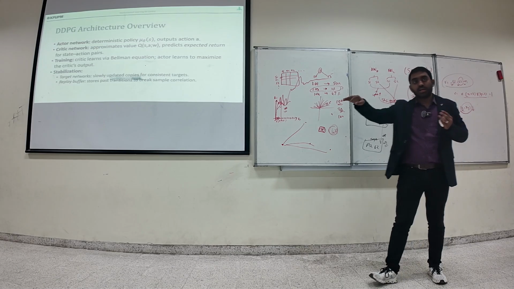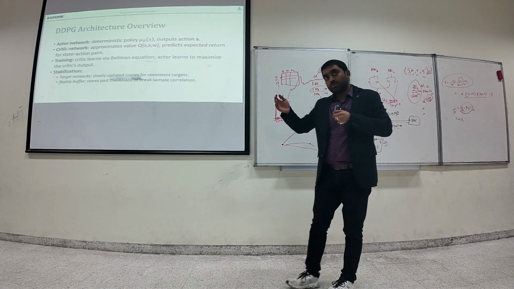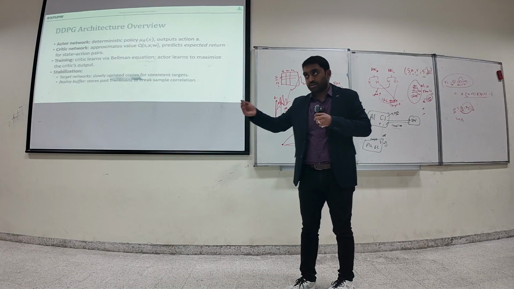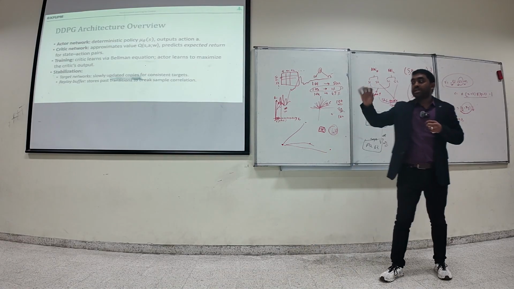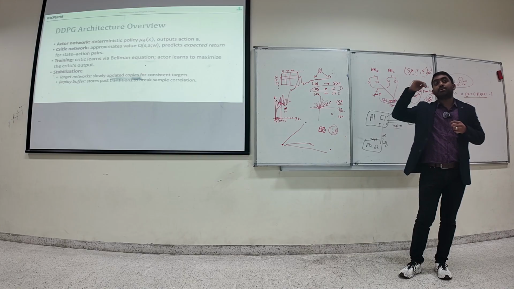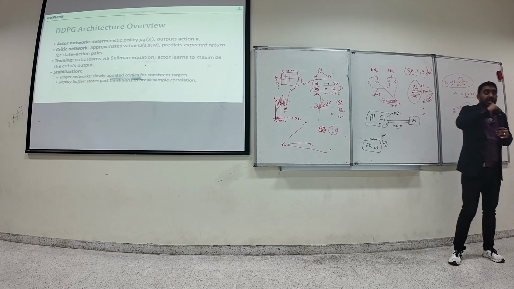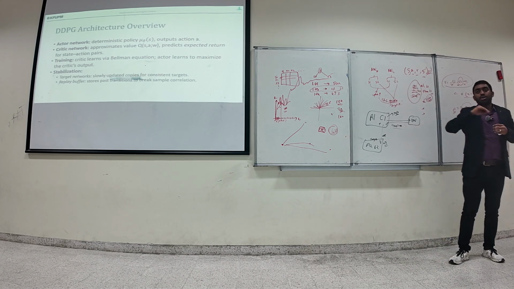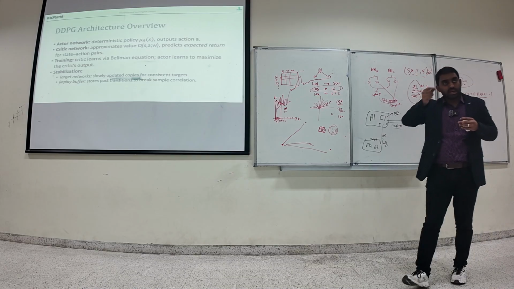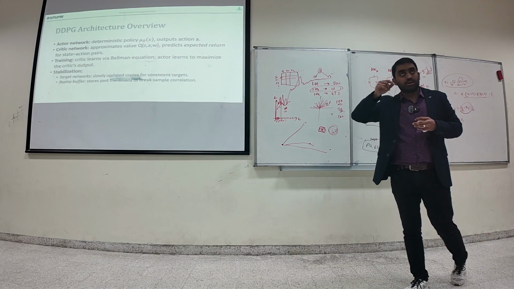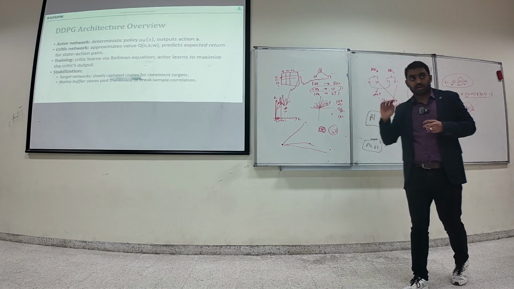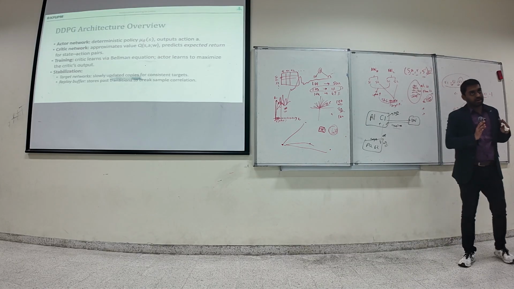What does the critic do? It approximates the value function, right? So the updates to the critic make the approximation of the value function closer to the actual values, and in turn it will propagate that towards the actor to tune the policy such that you take the most optimal action in that state, right, which corresponds to the policy gradient part.